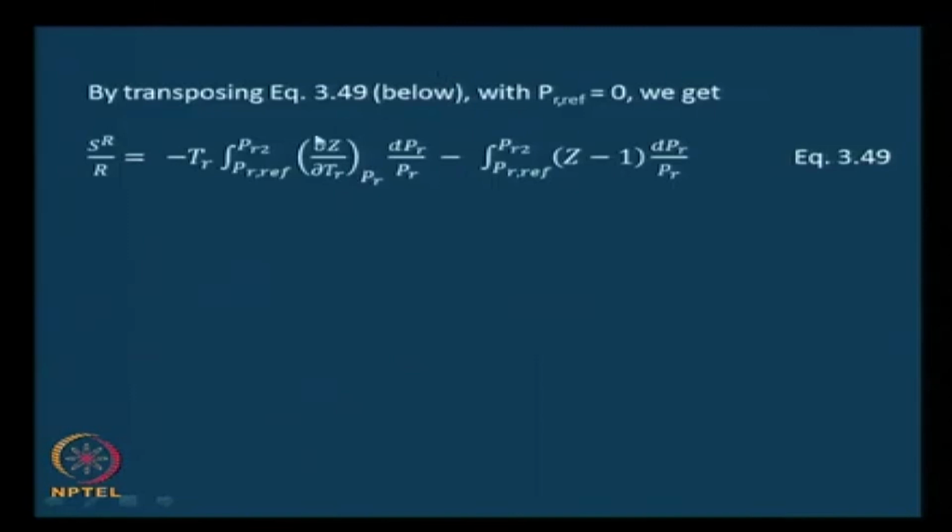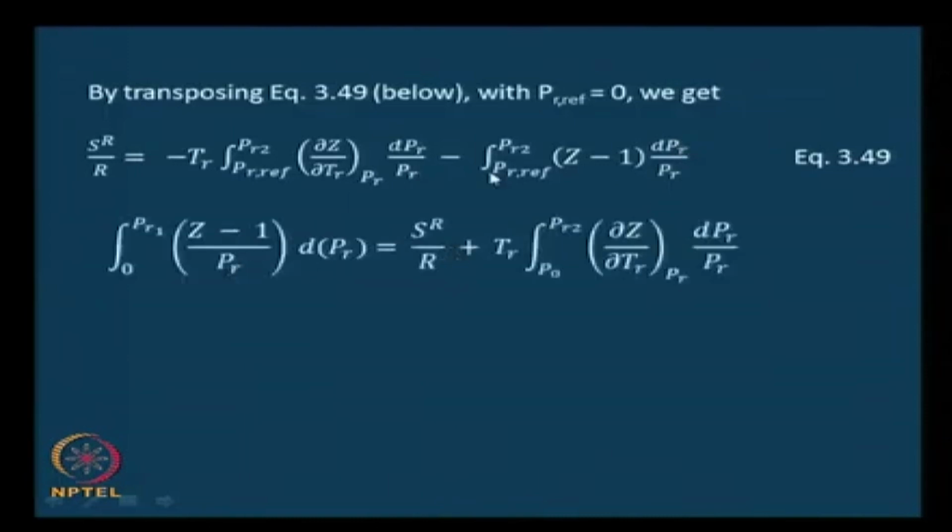The 3.49 equation is given here for quick reference. 3.49 was SR by R equals minus TR, integral from PR reference to PR2 of dou Z dou TR at constant PR by PR dPR, minus the integral of PR reference to PR2 of (Z minus 1) by PR dPR, and this can be written as the integral of (Z minus 1) by PR dPR equals SR by R plus TR into the integral from 0 to PR2 of dou Z dou TR at constant PR dPR by PR.